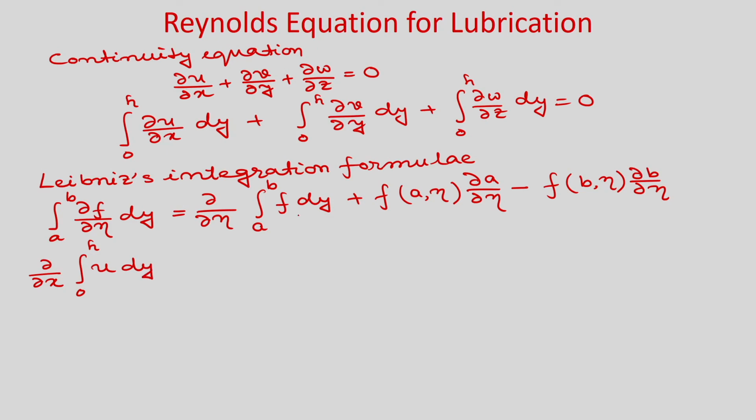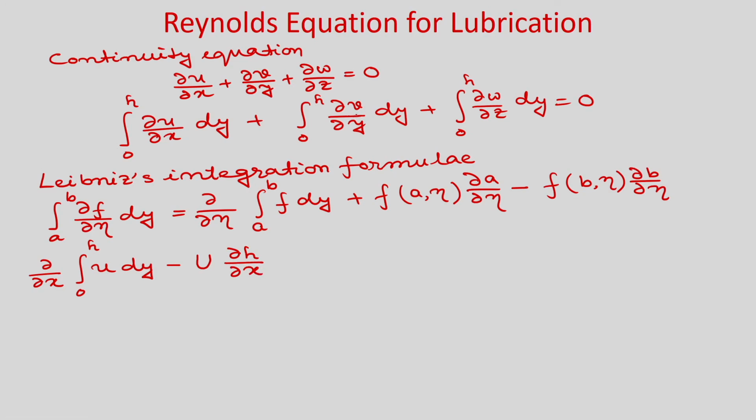And now we have a is 0, so that term will become 0, and b is h. So, this term will become u at y equal to h, which is nothing but the tangential velocity in x direction, u, times del h by del x.